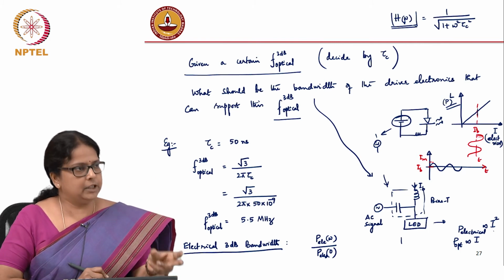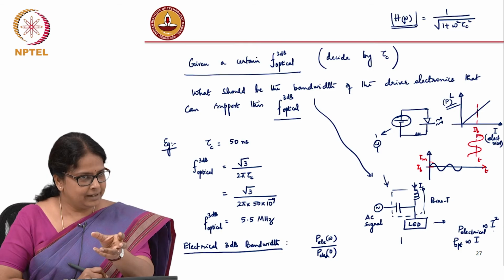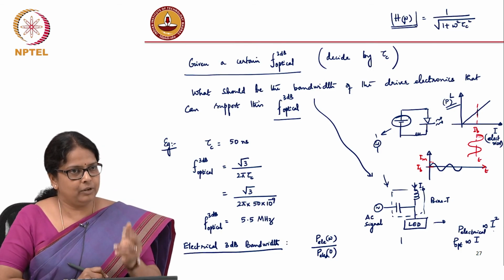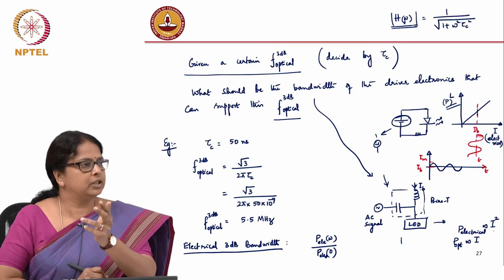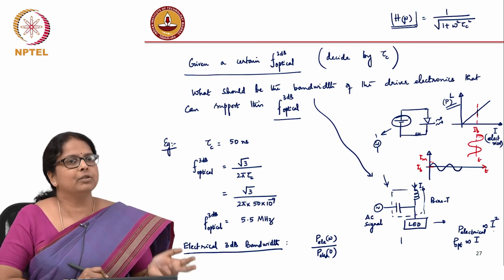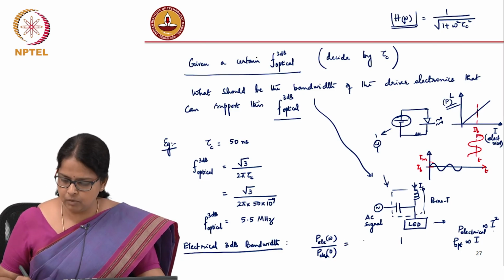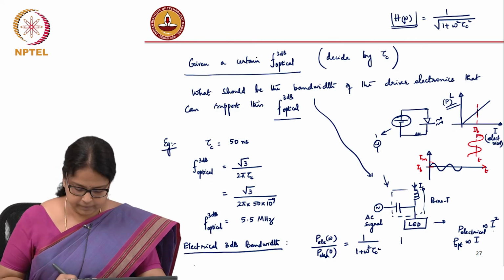Optical power is proportional to current, and we want the electrical power ratio. Electrical power is proportional to the square of the current, which means the transfer function must be equal to the square of this. So this must be equal to 1 by 1 plus omega square tau c square. And this is an interesting relation.